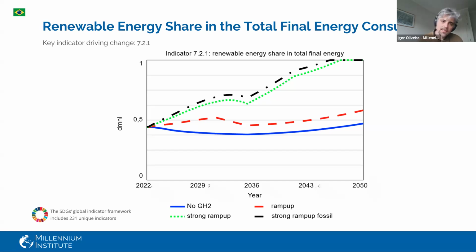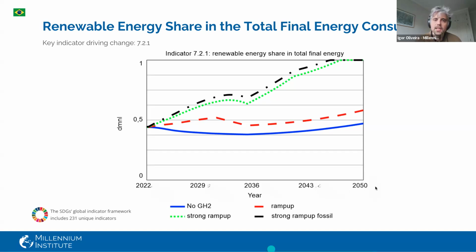And then in green is the double scenario, and in black with the help also of more favorable fossil fuel prices, right? So you can see that the country can achieve a full renewable energy matrix by 2050 in some of these conditions, right? So this is a really important conclusion at the time.